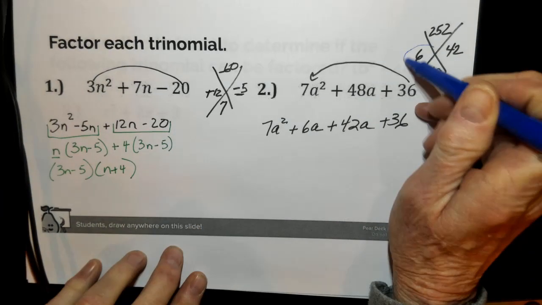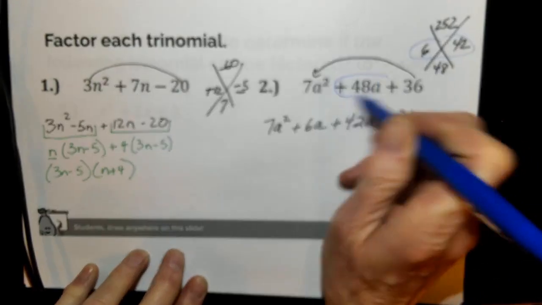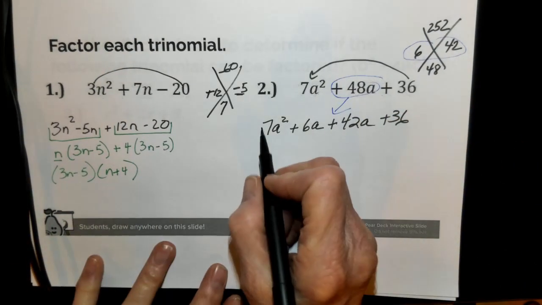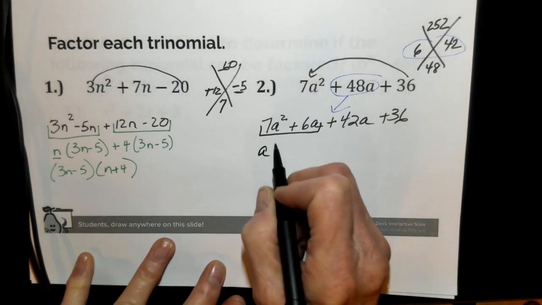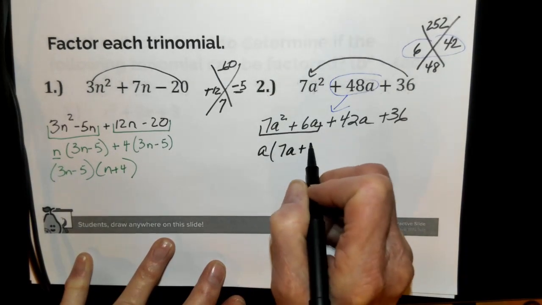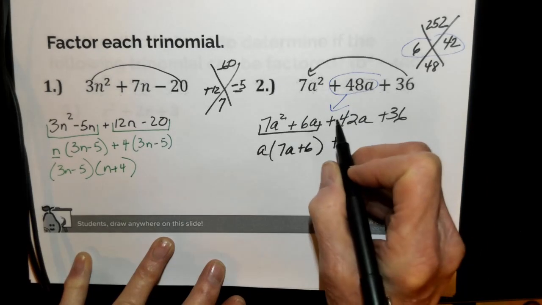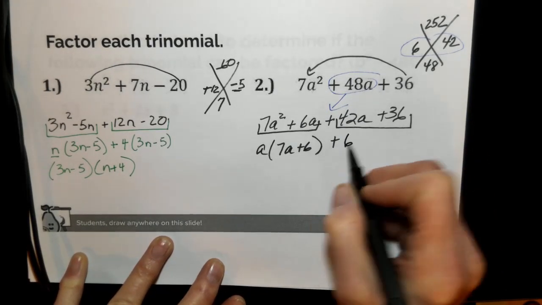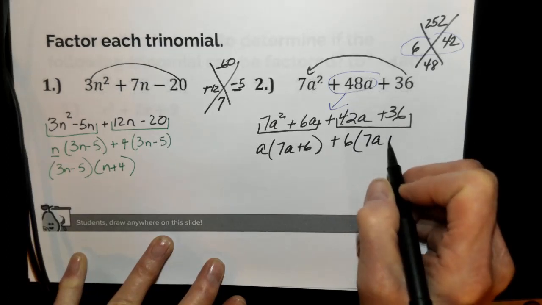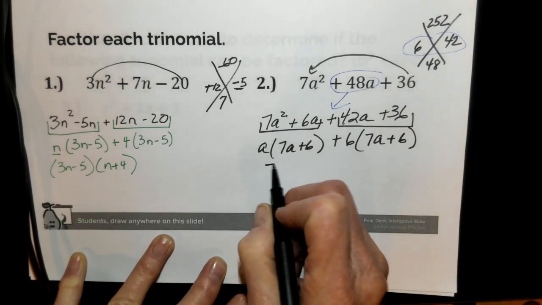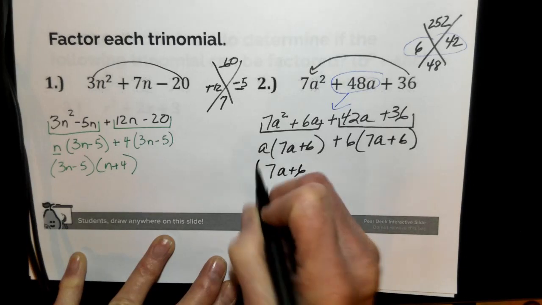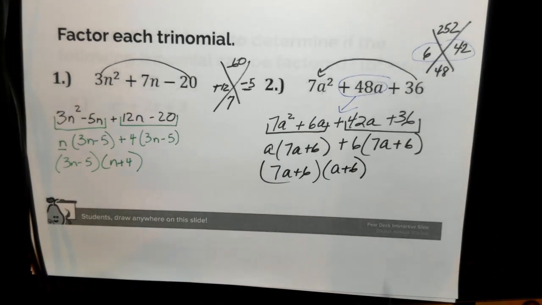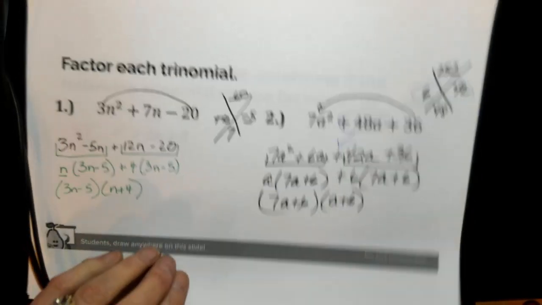Because these two over here, we replace here. And then I group the first two together, I group the second two together. The GCF here is 6, right? Oh, good, we did it right. 7a plus 6 times a plus 6. There's my two binomials.